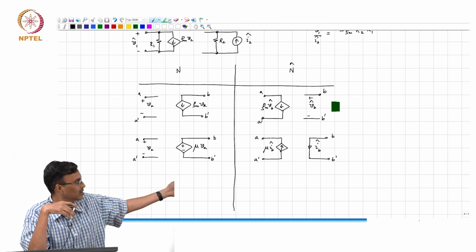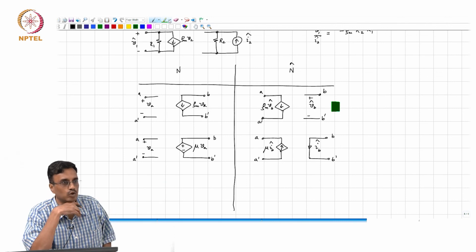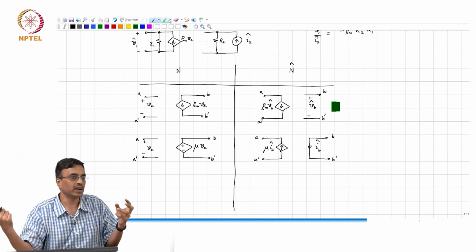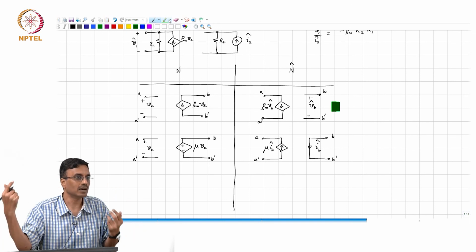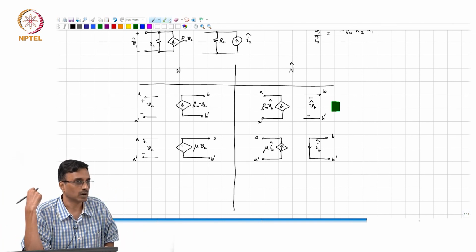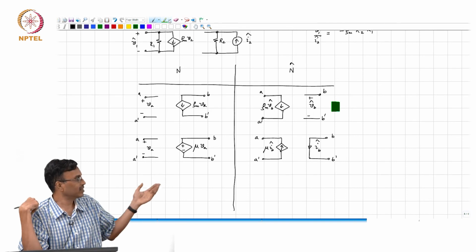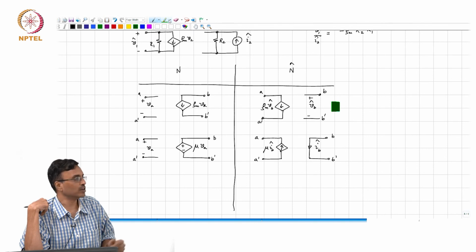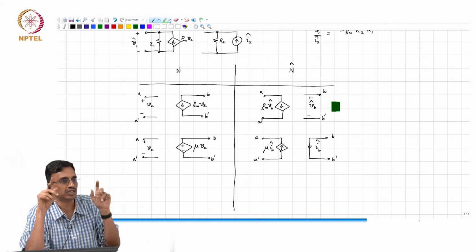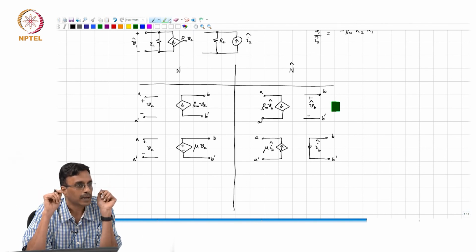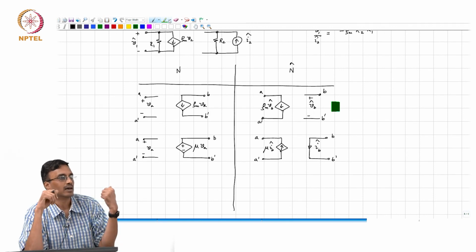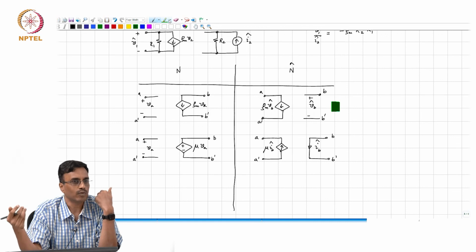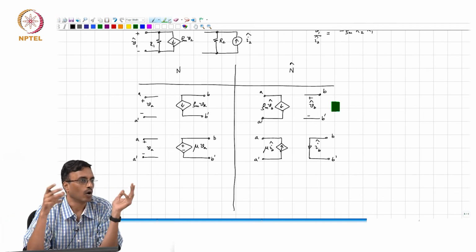We need to still consider two more control sources, and in that network we interchange the excitation port with the response port. As we will see going forward, rather than use the original network, we use this new network, where the reciprocity kind of relations hold, and therefore with one shot you can get all the transfer functions.